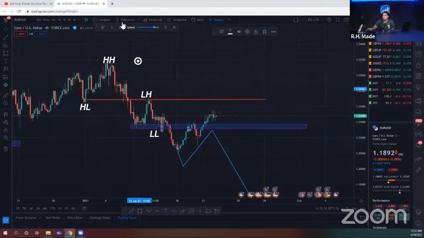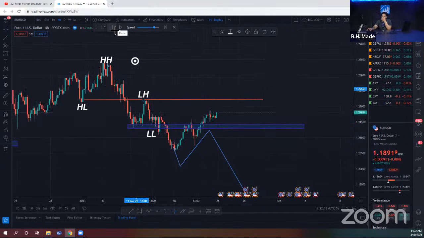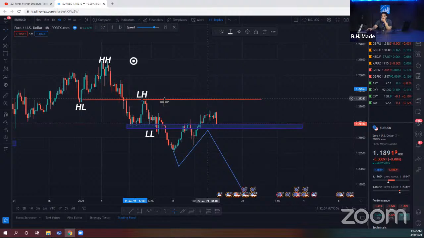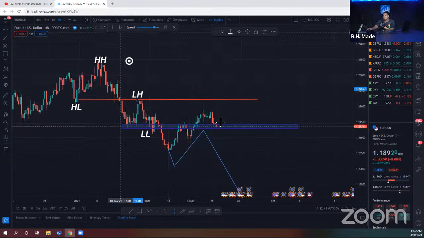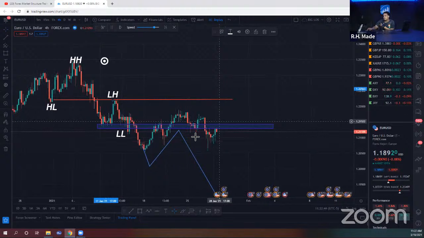So that's what it's looking like. It's going to retest the lower high right now. It's retesting off of the previous lower high.